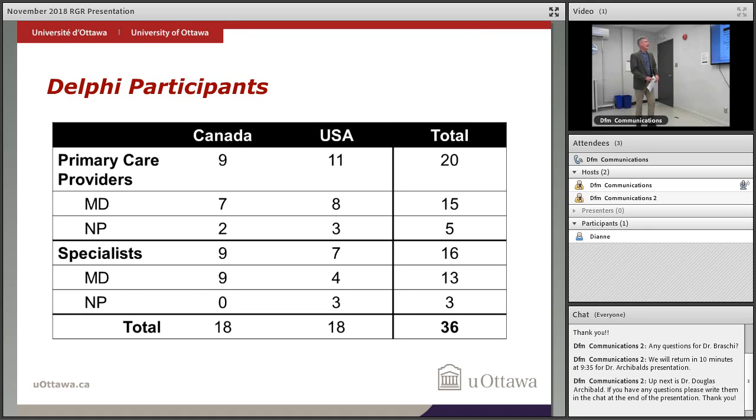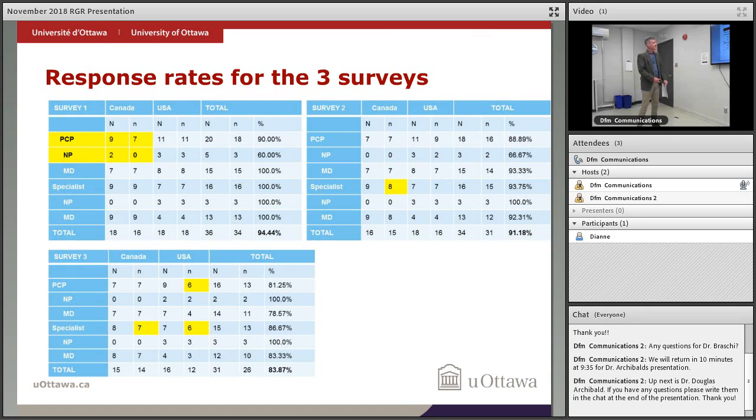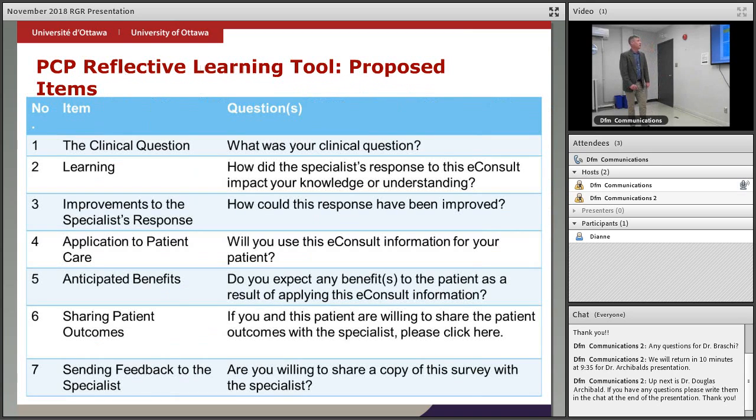We had a number of participants take part in this, and we did 3 iterations of the primary care tool and the specialist tool. And this is what the tool looks like here.